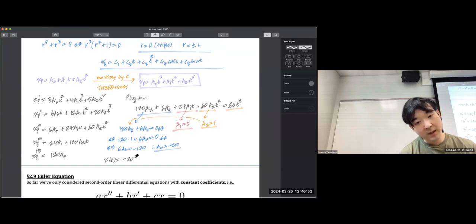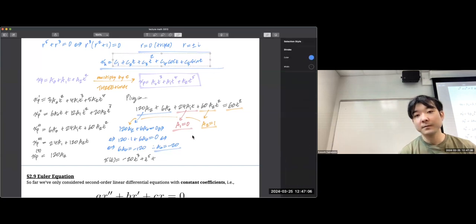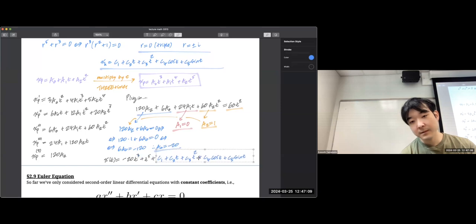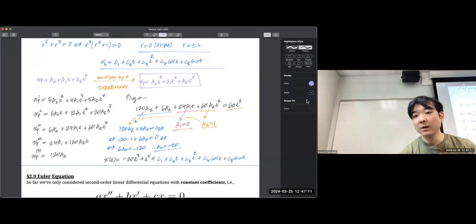So that's going to be negative 20 t cubed, plus A1 is 0, so let's not write that one, plus A2 is 1, so plus t to the 5, plus this giant homogeneous solution. That is going to be your general solution, where we have the particular solution, which is this right here, and our homogeneous solution, which is this right here.